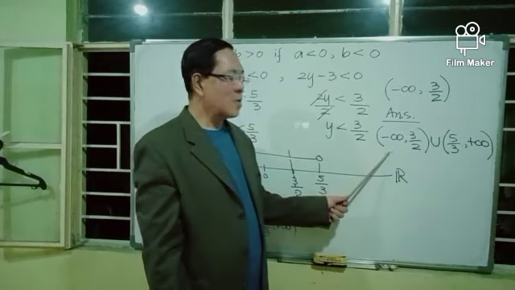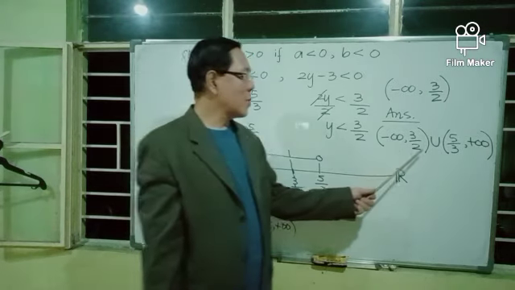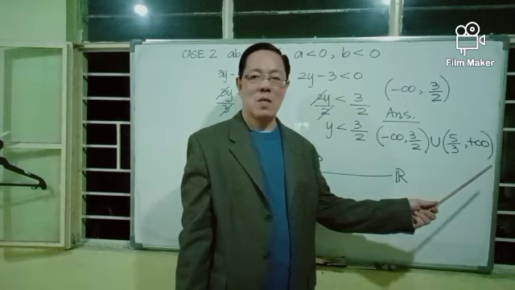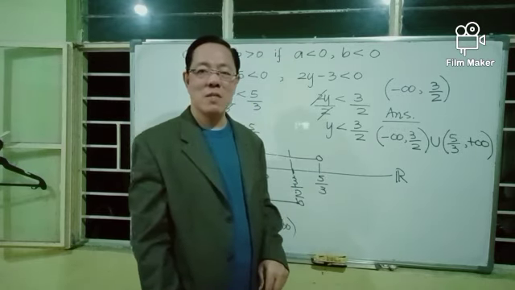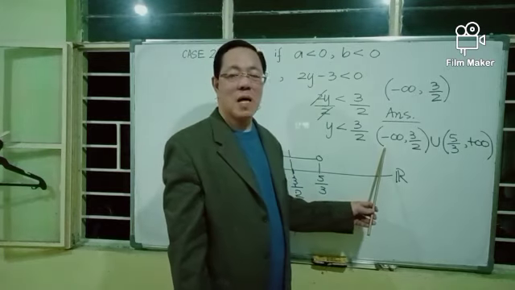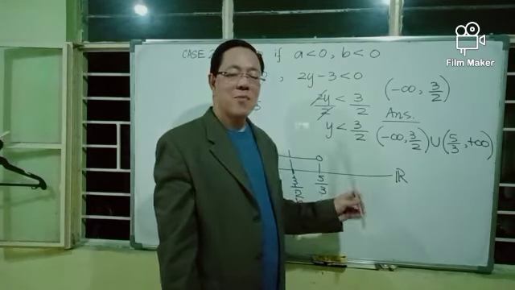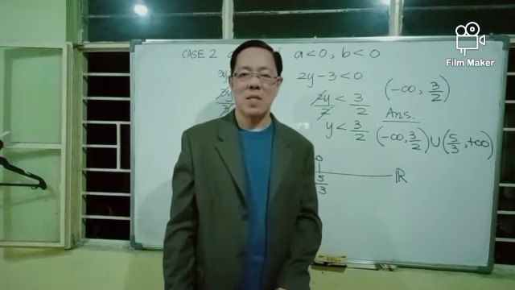But we write the solution in this way. We write first the solution of case 2 union with the solution of case 1 because, as I said, it is customary in writing interval notation to start from the left. And at the left we have negative infinity, at the right we have positive infinity.